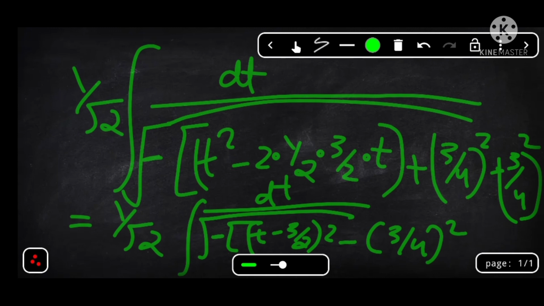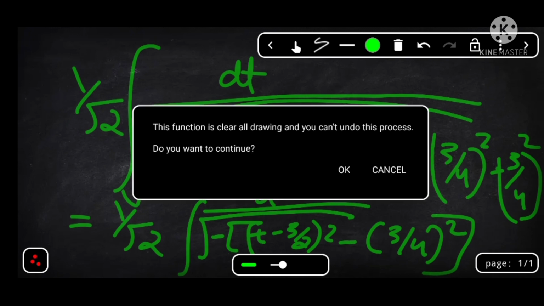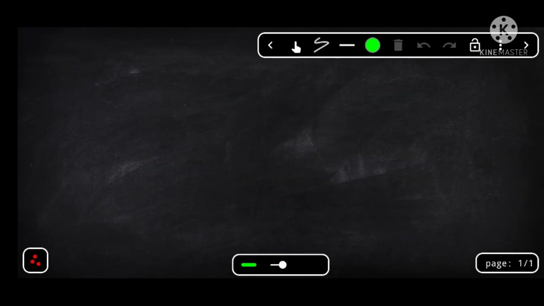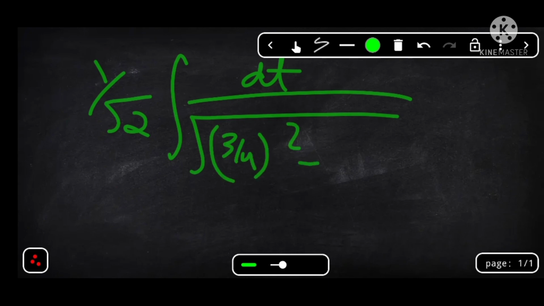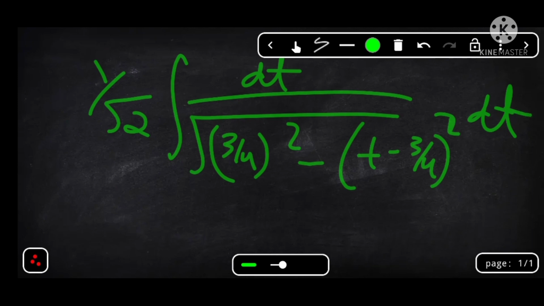And if we multiply this negative inside this bracket, what it will be? Just the order will change, all others will remain the same. So this will be root 3 by 4 the whole square minus t minus 3 by 4 the whole square. There is a dt, right? Yes. Sorry, dt is already there.